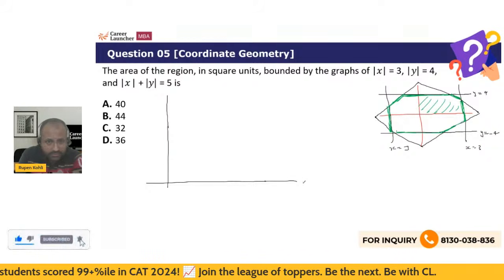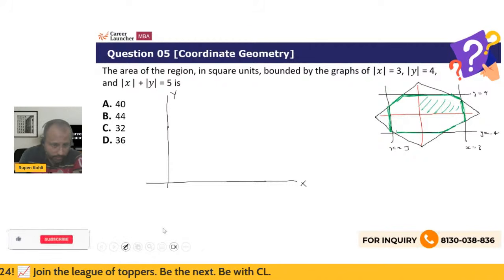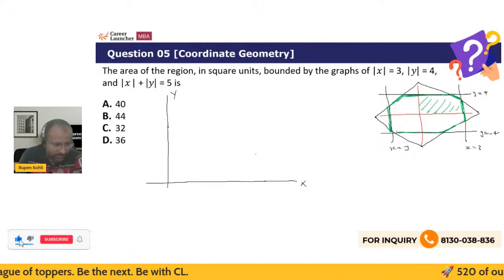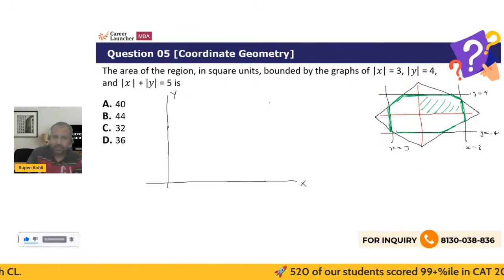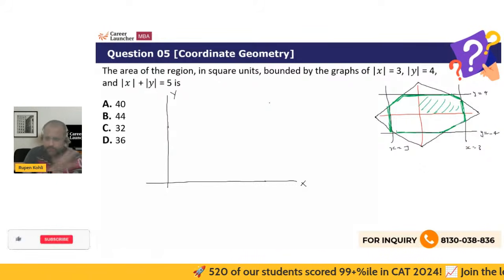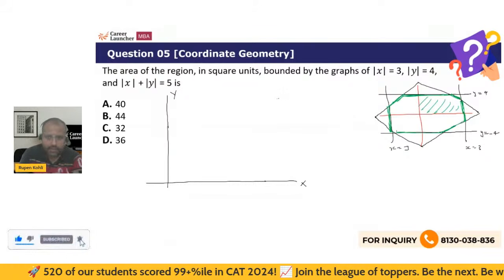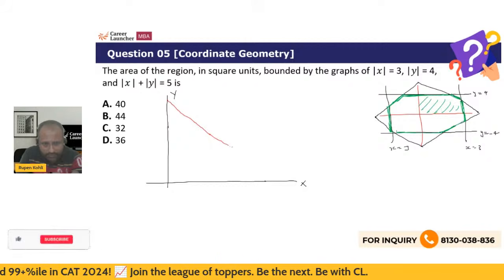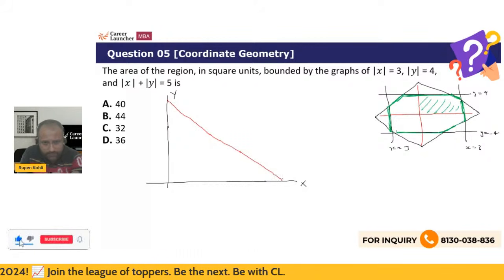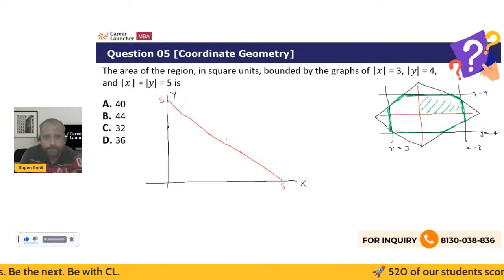This is my x-axis, this is my y-axis. So I'm doing this on this screen, so it is taking time for me to sketch because of my limitation. But when you are sketching with your free flowing hand, you can do this very quickly, right? So x plus y equal to 5, obviously, right? Means this is 5 comma 0, this is 0 comma 5, right?